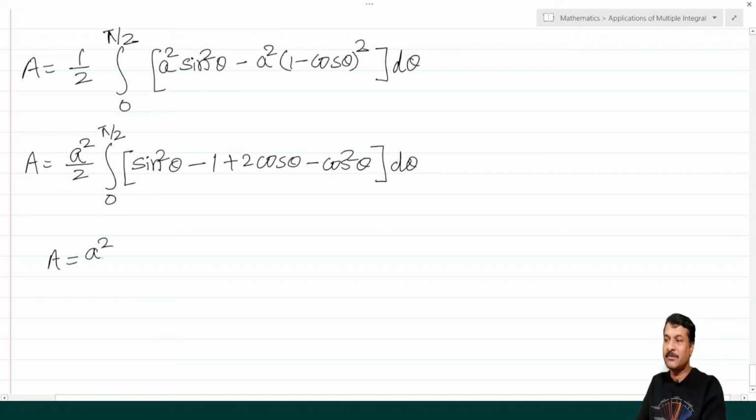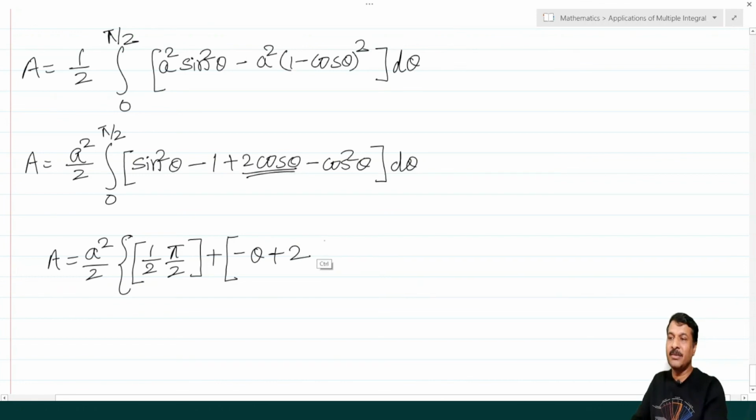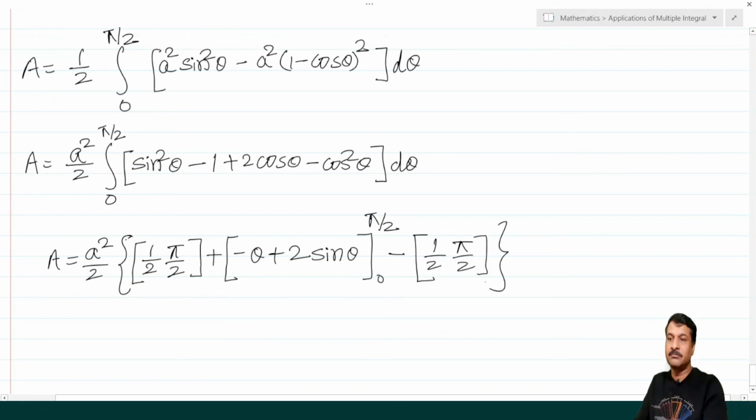So a square by 2, you should know what the reduction formula is. So for sine square theta, I will write here 2, here 1, means 1 by 2 into pi by 2, minus 1, I will get minus theta plus 2 times integration of cos theta, which is nothing but 2 sine theta, lower limit 0, upper limit pi by 2, minus here again the reduction formula, I will get 1 by 2 into pi by 2, bracket close. Simplify it, which is your final answer.